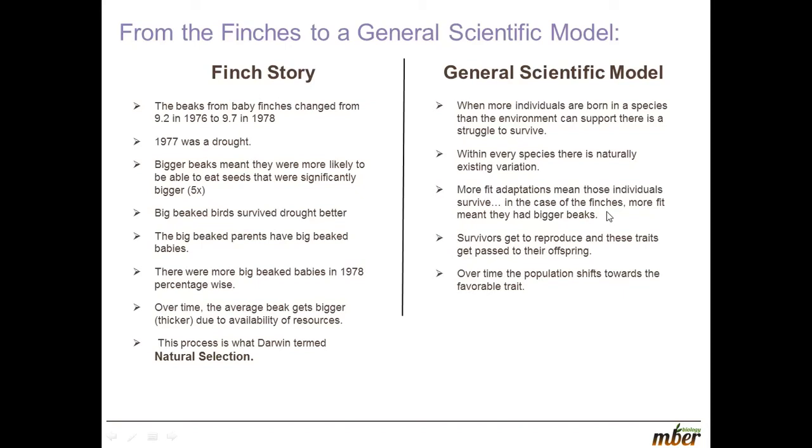In the case of the finches, more fit meant they had bigger beaks. Survivors get to reproduce, and these traits get passed to their offspring, and over time, the population shifts towards the favorable trait. Okay, that should give you full answers there for natural selection.